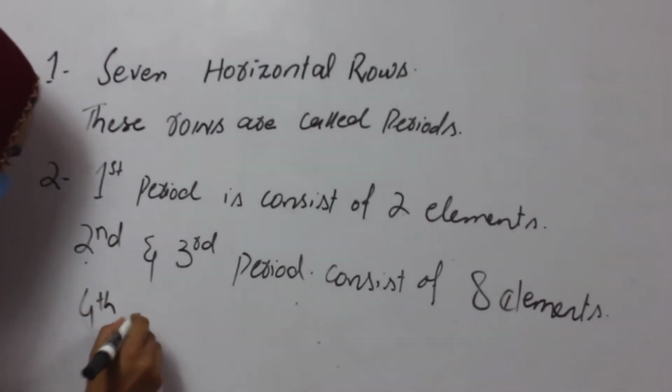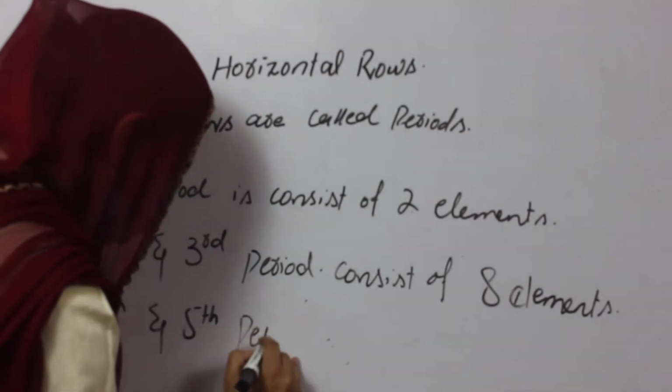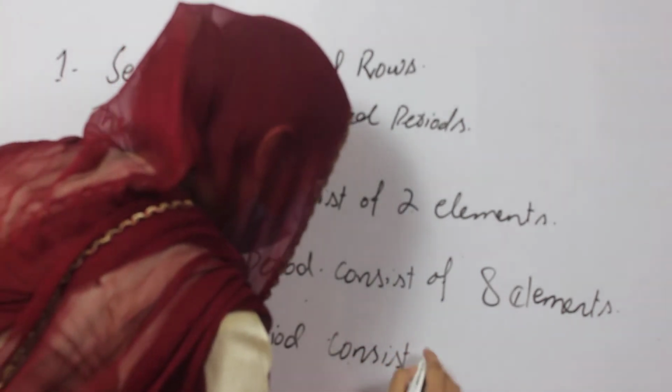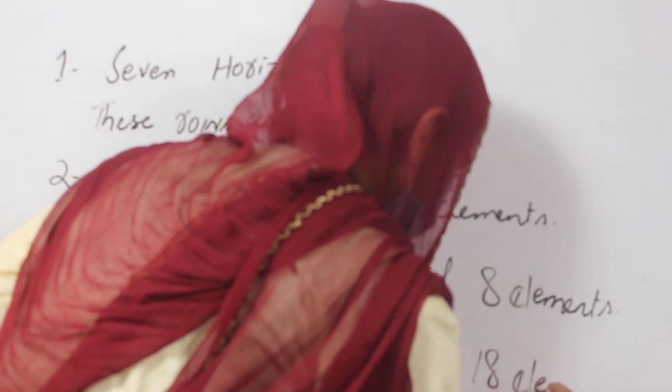The fourth and the fifth periods consist of 18 elements.